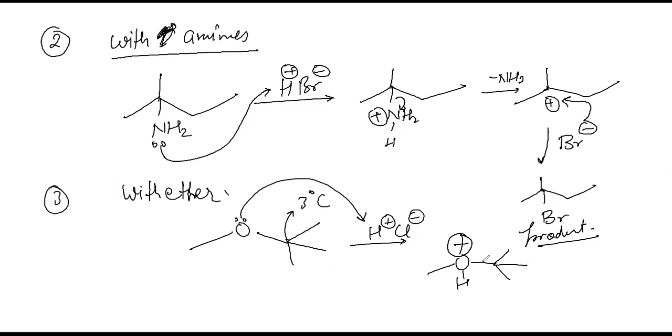Now I hope you have seen that oxygen has made 3 bonds. Oxygen would like to break one of its bonds. Tell me which bond it will break, left or right? The right bond, so that we will get the more stable carbocation, isn't it? Like this.